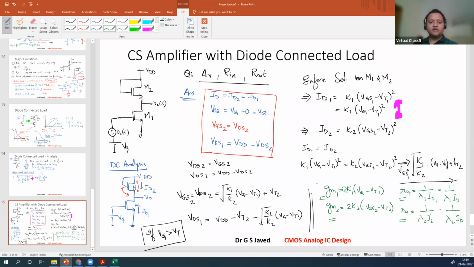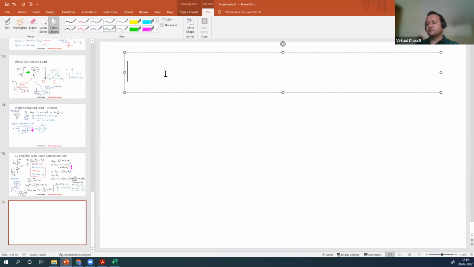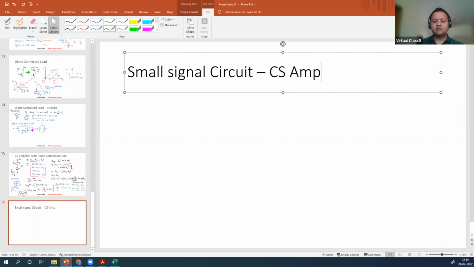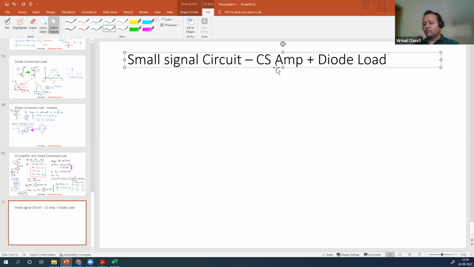Next, find out what is the total gain. We will identify what is the small signal circuit. This is important. Small signal circuit of CS amplifier plus diode load. First of all, how does a small signal amplifier look like?